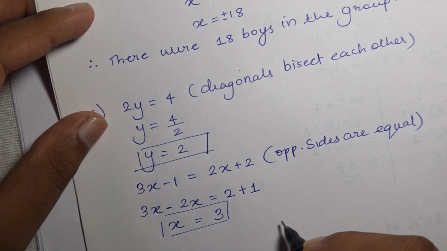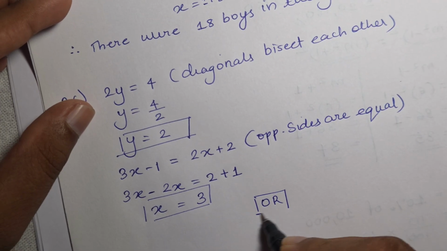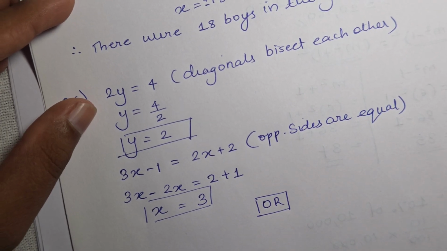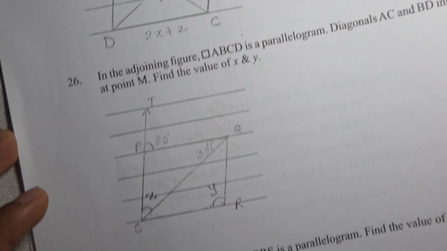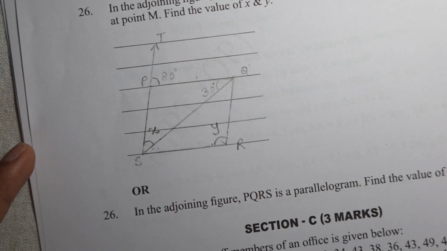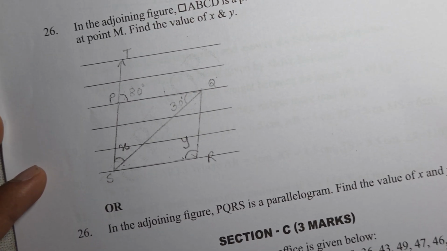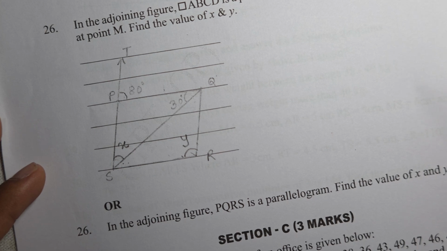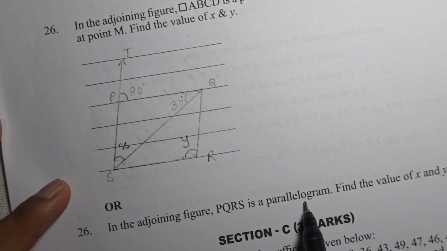Now we have the option with 26 or. Okay, let us try the second problem as well. There are multiple ways to solve the second optional question of 26. Okay, let us understand the problem first. In the adjoining figure, PQRS is a parallelogram.